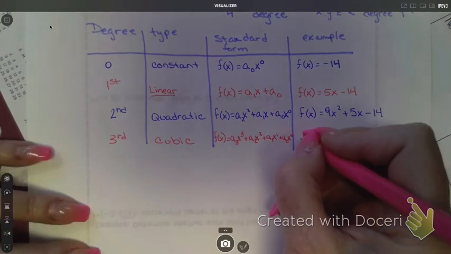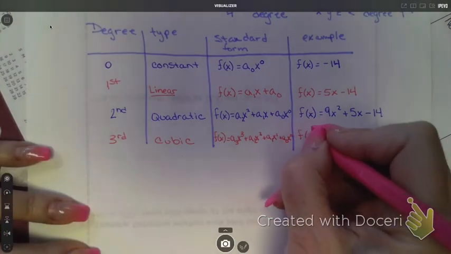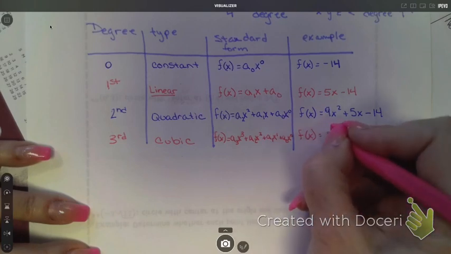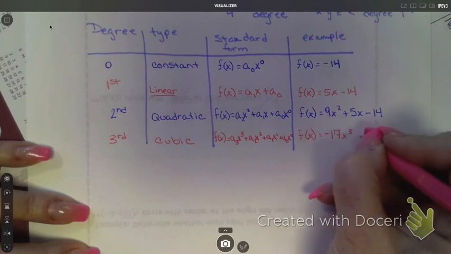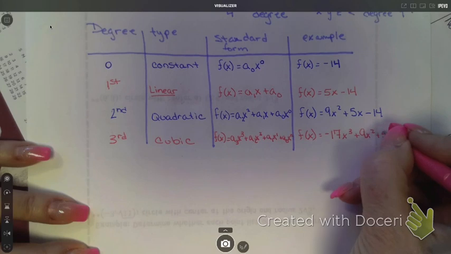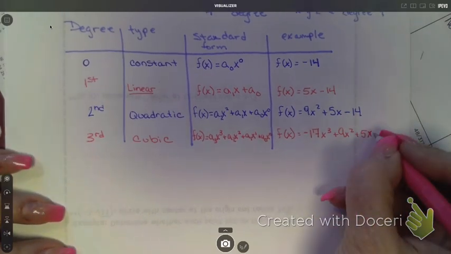Look at your pattern, guys. An example of that would be negative 17x cubed plus 9x squared plus 5x minus 14.